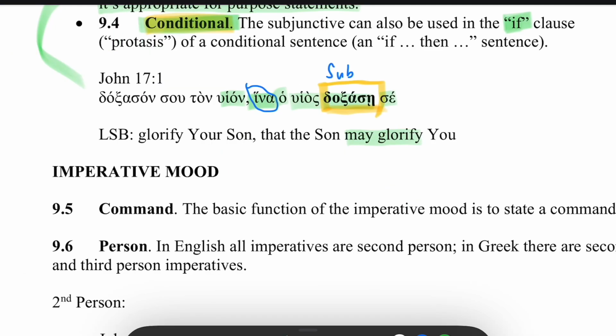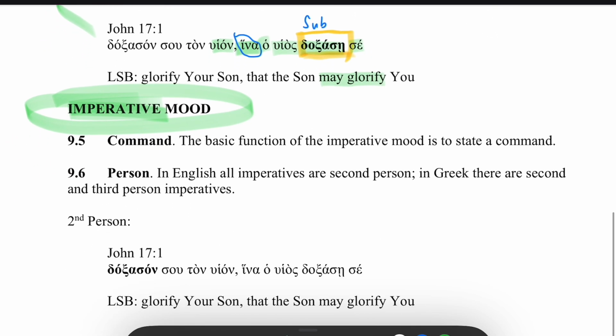The next non-indicative mood that we'll look at is the imperative mood. One primary thing to note here is that the imperative mood is going to be for commands. The basic function of the imperative mood is to state a command. Another very important aspect to understand about the imperative mood is the idea of person. In English, all imperatives are second person.